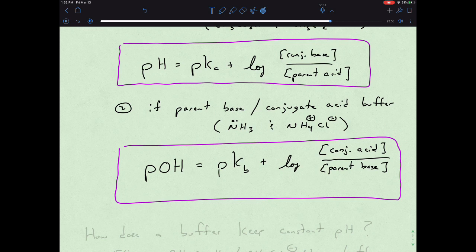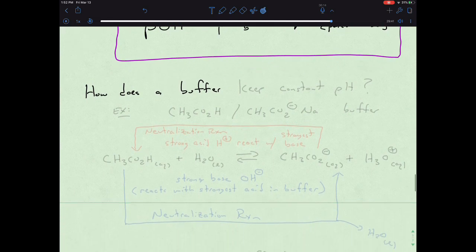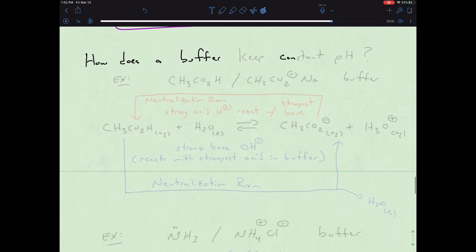So you might be then asking, how does a buffer maintain or keep constant pH?